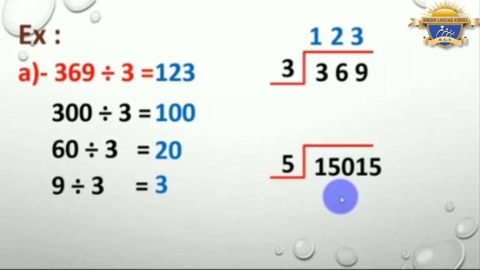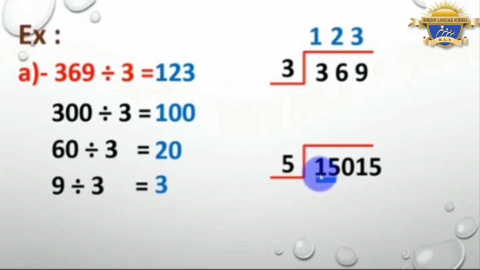Next here, in this example, 1 divided by 5, it can't be, and the number inside the ladder must be greater than the divisor. So, in that case, we will put 0 up, but here 0 has no value, so we don't have to write it, and take the second number, which is 15, to make it a little bit bigger, as 5 times 3 equals 15.